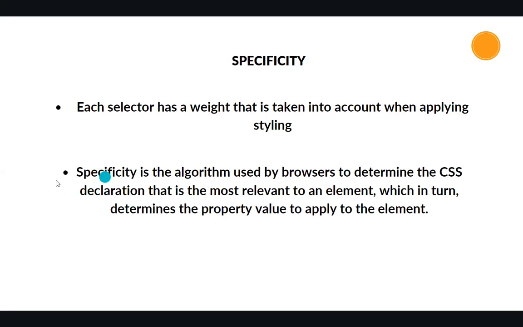Just for note takers, specificity is the algorithm used by browsers to determine which CSS declaration is most relevant to an element. To make that simple, if I've targeted a paragraph and that paragraph has an ID and I've targeted the ID too, specificity is the way the browser will know which of those instructions to follow: the ID instructions or the element's instructions?